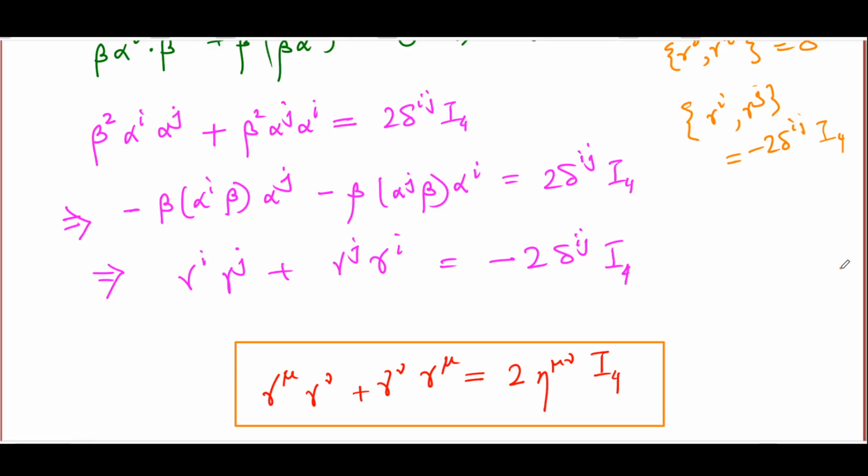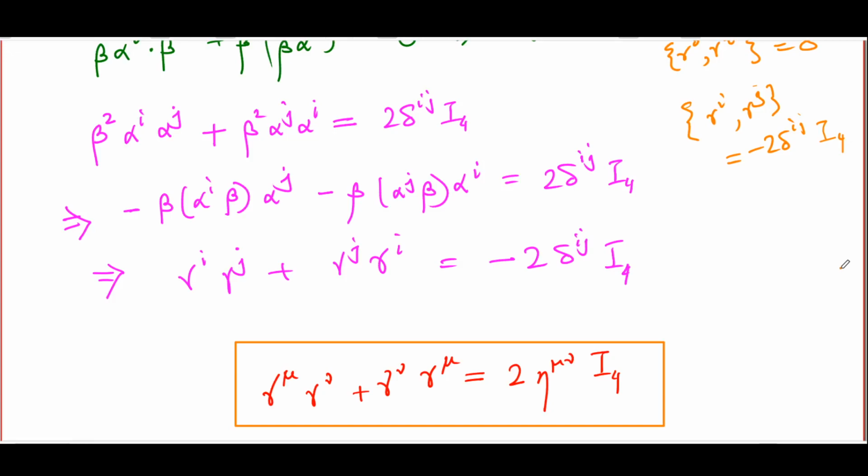Let me just remind you, eta upper mu nu are the components of the inverse of the eta matrix, but eta is self-inverse, so numerically the components are the same. They are plus 1 for 0,0 and minus 1 for 1,1, 2,2 and 3,3, and 0 for all other cases. And it's very easy to see that this is exactly what those three anti-commutation relations were saying.